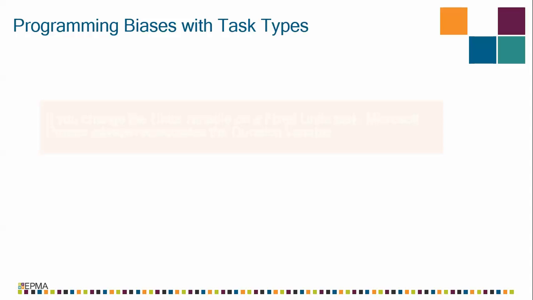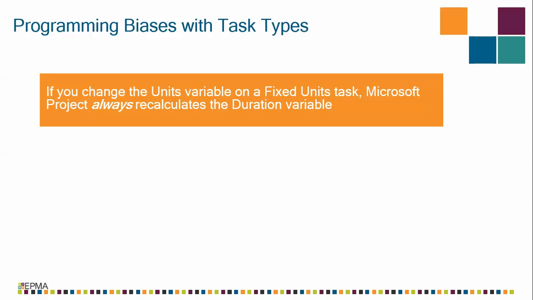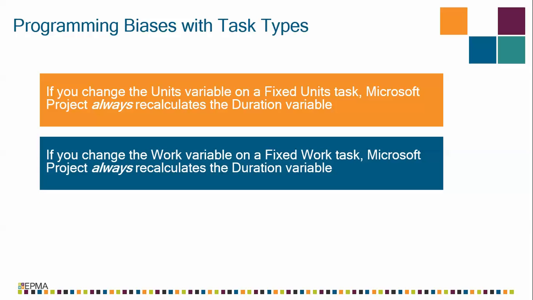The programming biases are this. In Microsoft Project, if you change the units value on a fixed units task, Microsoft Project will always recalculate the duration. Why? Because of the bias toward duration. And if you change the work variable on a fixed work task, Microsoft Project will always recalculate the duration variable.